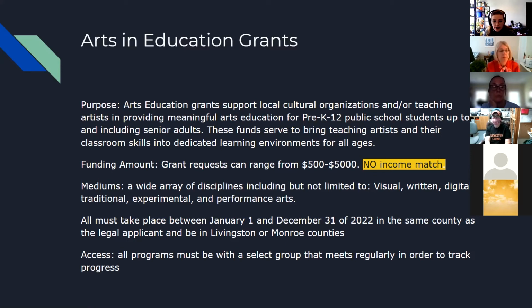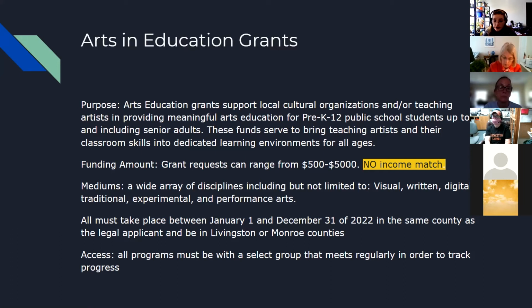This grant can cover both in-school pre-K through 12 classes, as well as community classes, which can be up to senior adults. This brings teaching artists and their classroom skills into a dedicated learning environment for all ages.